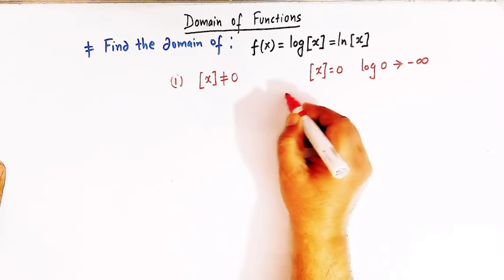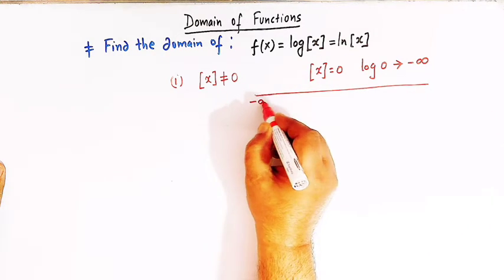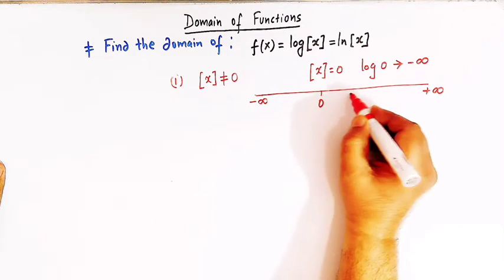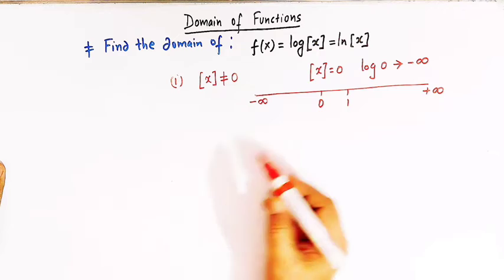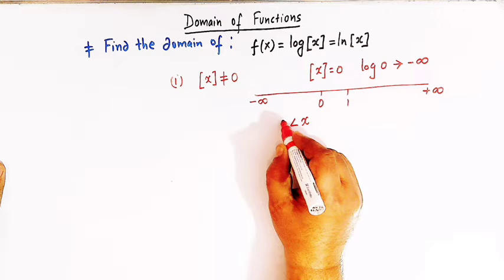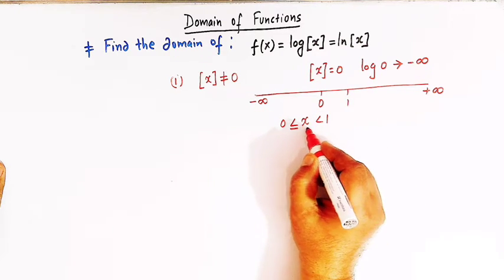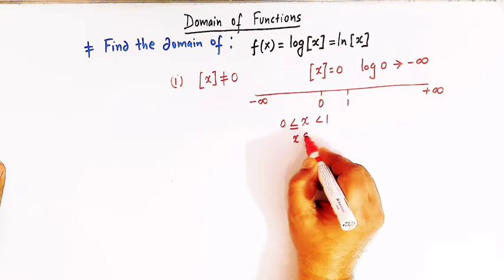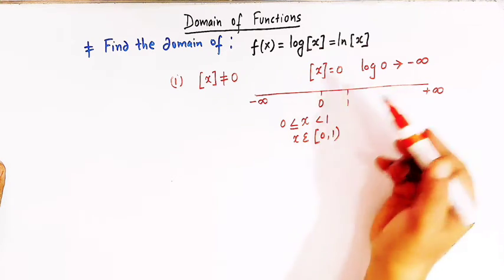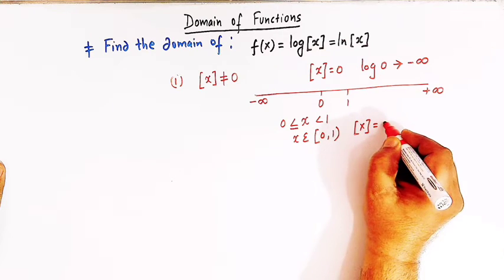So we have to avoid all those values of x which make the greatest integer of x equal to 0. Now to understand this point, let us draw the real number line, and here we have 0 and here we have 1, right? Whenever x lies between 0 and 1, including 0, then for all values of x in this interval, the value of greatest integer of x is equal to 0.